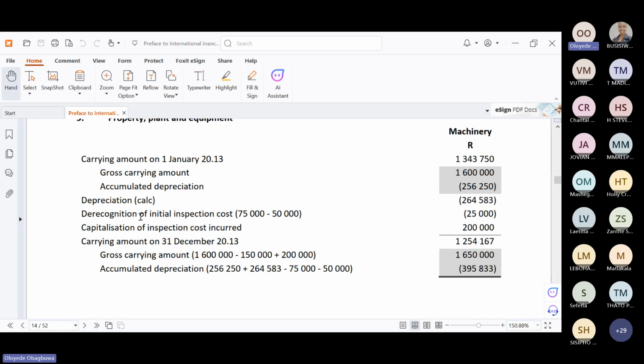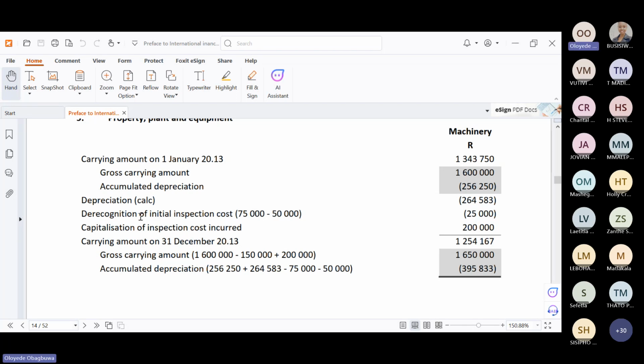The calculated depreciation for the year is 75,000, but for this current year, 2013, we are only going to recognize 50,000. So the remaining 25,000 has to be derecognized, that is, removed from the books.